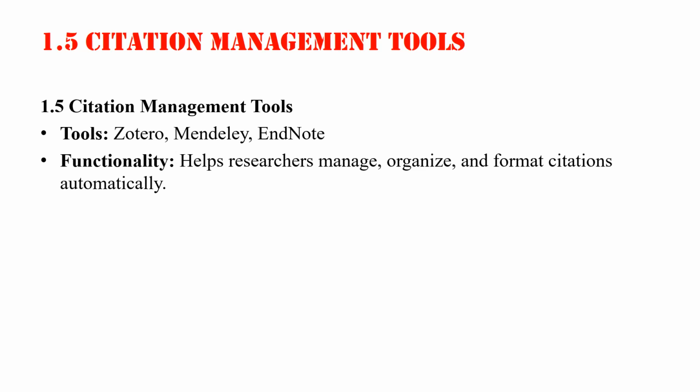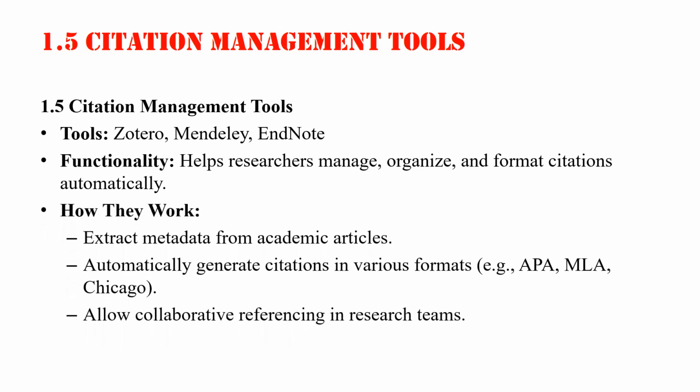No. These ones can get you the citations instantly, as you saw when I was demonstrating the other day. Mostly they work to extract for you the data from the academic articles that you have. That's what we meant by saying the metadata.